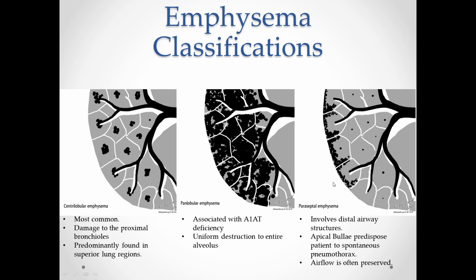Then paraseptal emphysema usually involves destruction of the distal alveolar air structures, right? And so when these alveoli are summated or they undergo this remodeling or this reduction in elastase activity, what can be created on the surface of the lung is called apical bullae, and they're just little blebs that form in the lung, little regions of weak lung area that can predispose these people to spontaneous pneumothorax.